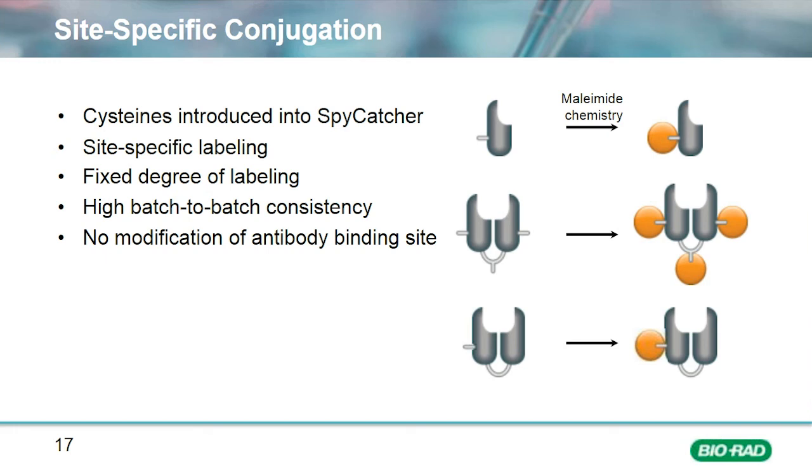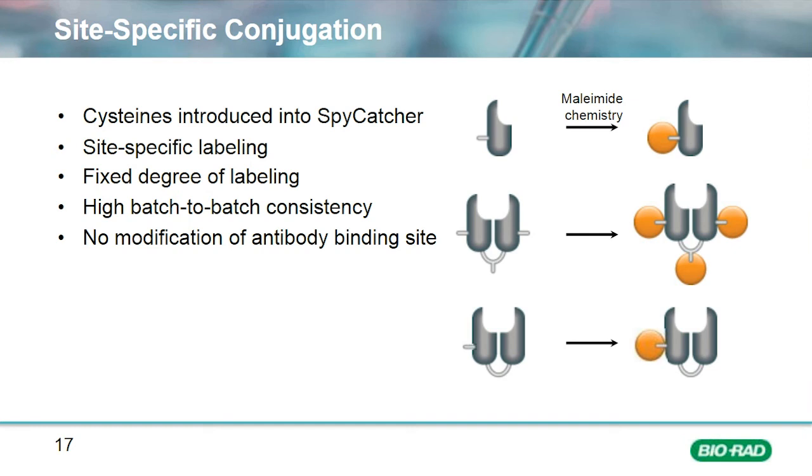Another advantage is, whether you're using the site-specifically conjugated SpyCatchers, such as those shown, or a format where, say, a human Fc has been labeled using a primary amine type chemistry method, all of that labeling has occurred before the Fabs are added.